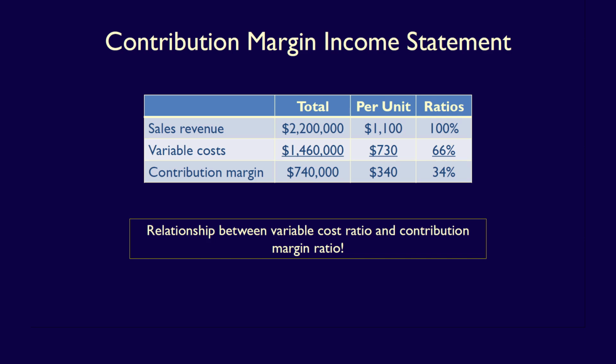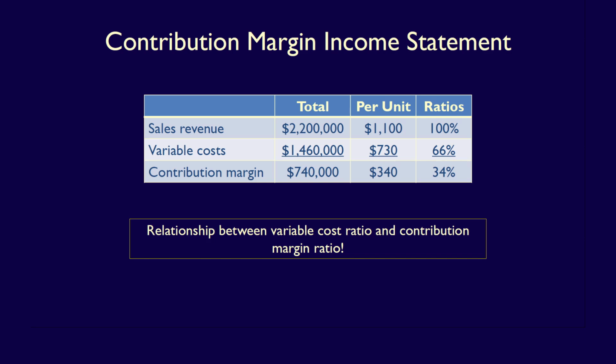Notice something interesting? We know that sales revenue is equal to 100% because $2,200,000 divided by $2,200,000 multiplied by 100% is equal to 100%, and per unit sales revenue of $1,100 divided by per unit sales revenue of $1,100 is also equal to 100%. We can now see that there is a relationship between the variable cost ratio and the contribution margin ratio.